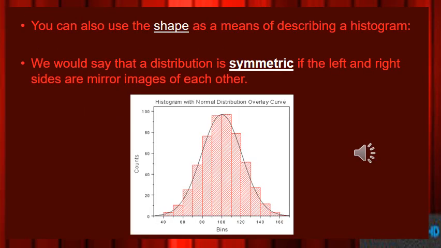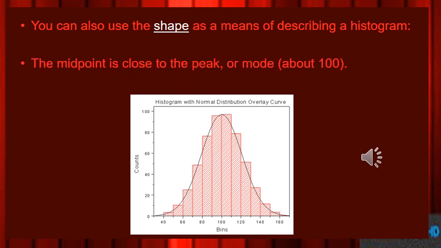It is also important to look at the shape of the distribution. A histogram or a distribution is symmetric when it looks like a bell curve, as you have here in the figure. When a distribution is symmetric, the midpoint or center is close to the peak of the curve.